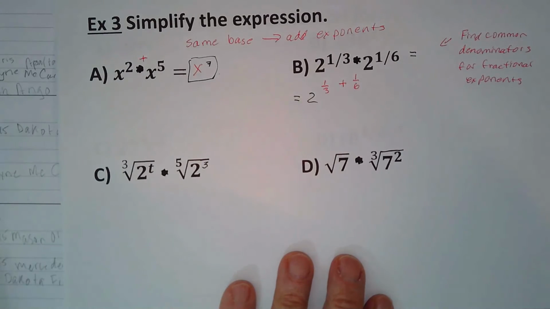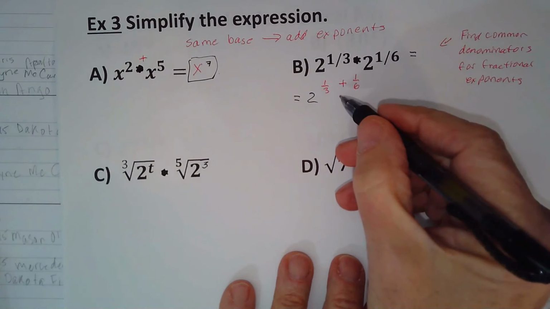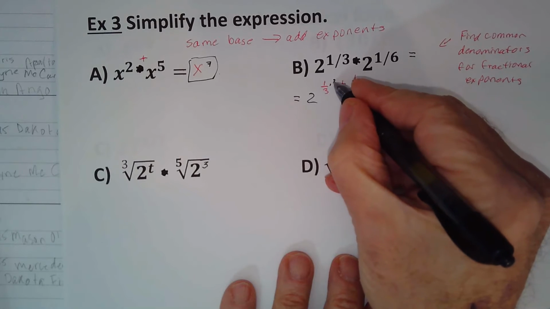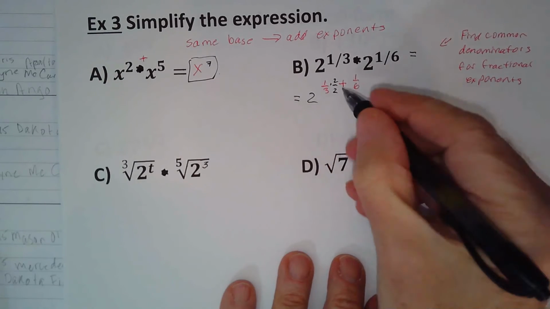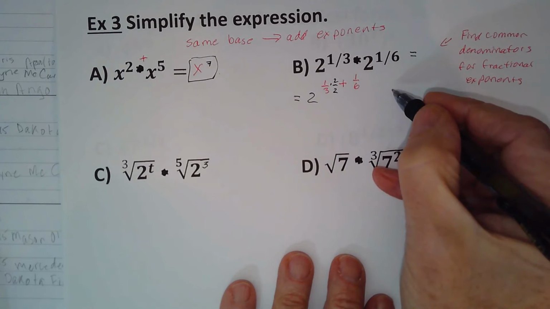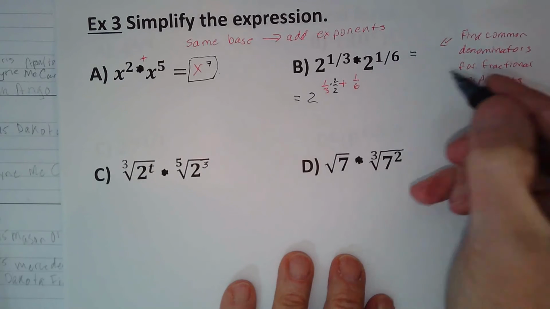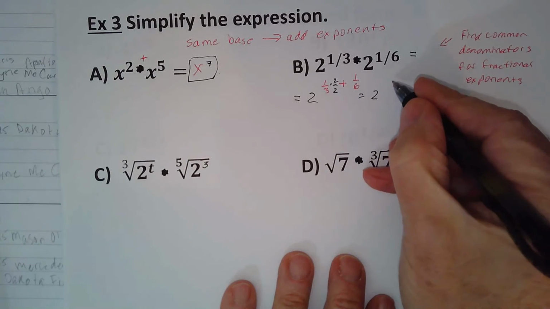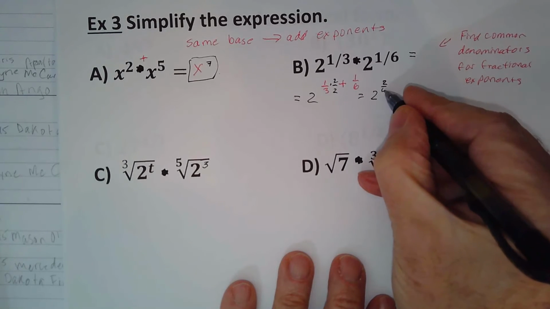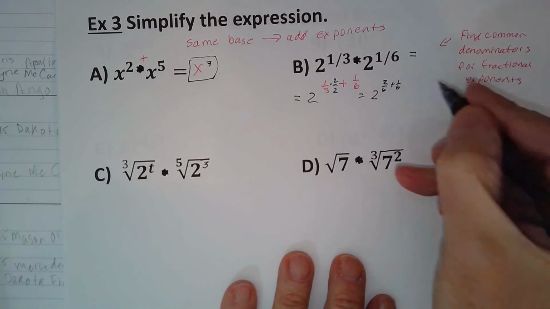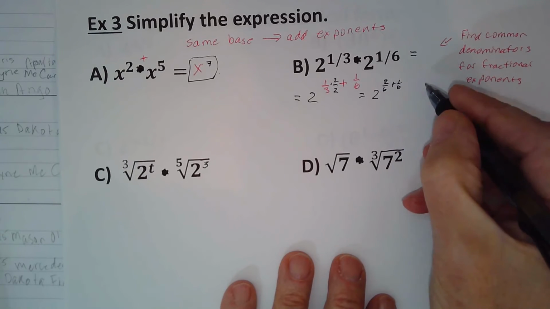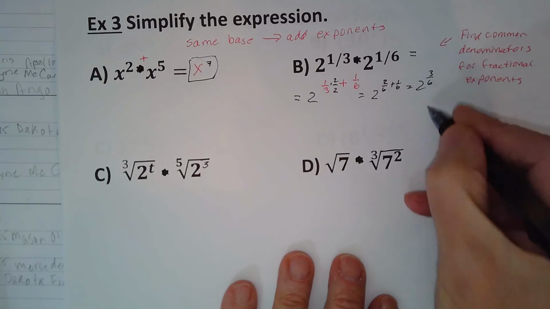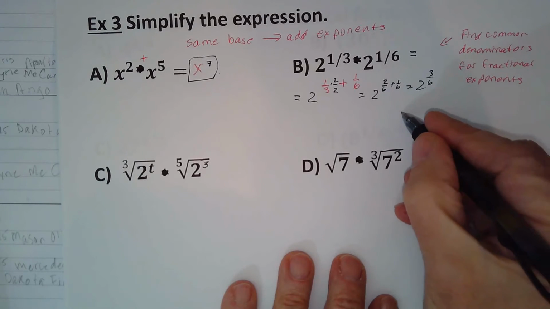Now, if you're looking at this, it looks like I could multiply 1/3 times 2 over 2, right? And we'll get the same denominator, which is 6. So we end up with 2 to the 2/6 plus 1/6, and of course that equals 2 to the 3/6, which simplifies to 2 to the 1/2.